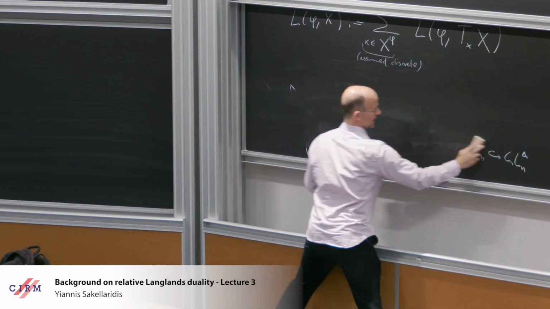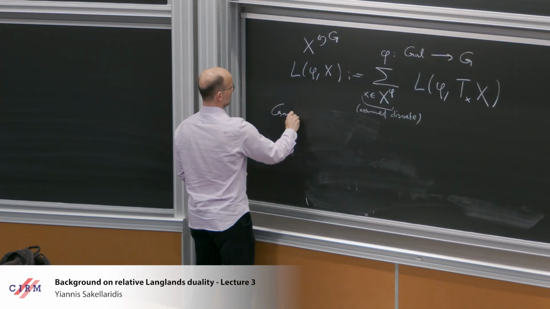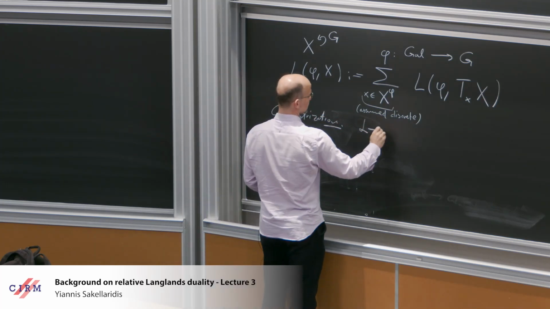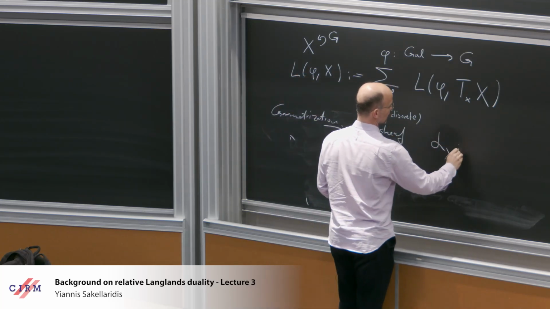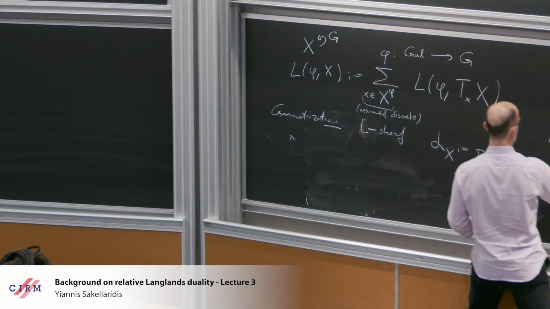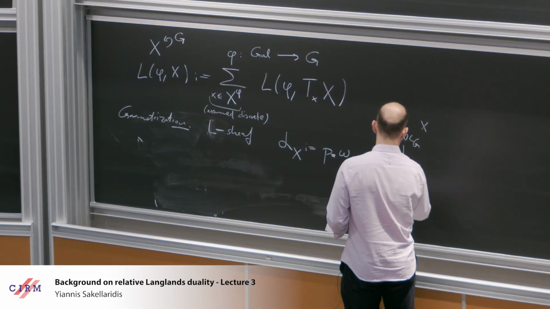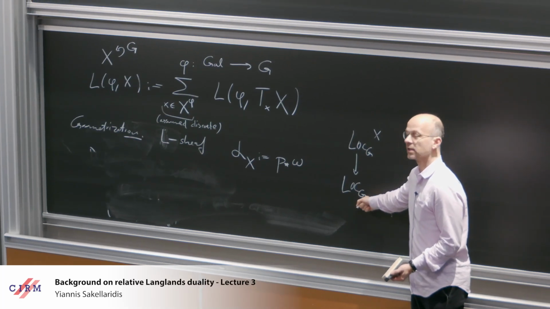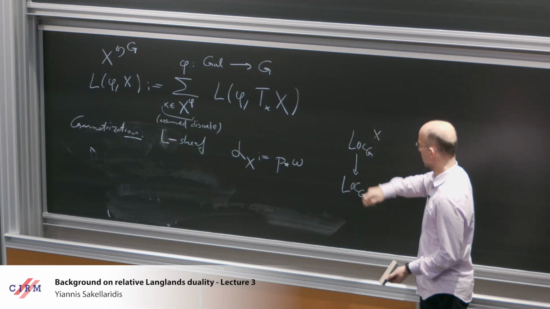Now, we also saw how to geometrize this L-function. It was the L sheaf L_X, which was defined as the pushforward of some dualizing sheaf for a map of moduli spaces, G local systems, and here G local systems with a section of the associated X bundle.